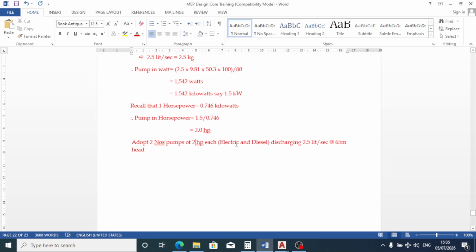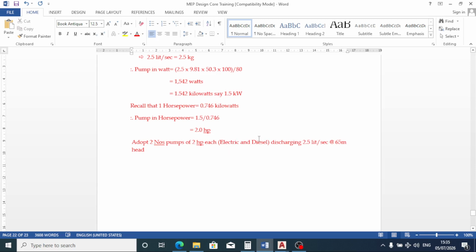So, and the pumps, one will be electric, meaning it will be operated with electricity, while the other will be a diesel pump in case there is a power outage and there is fire. You won't say you don't need your hose reel to work. Why? Because you don't have light.